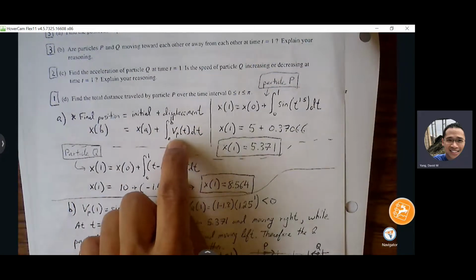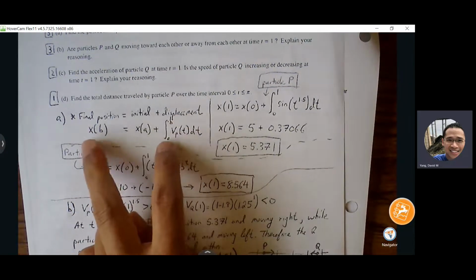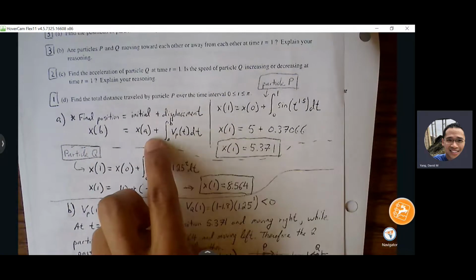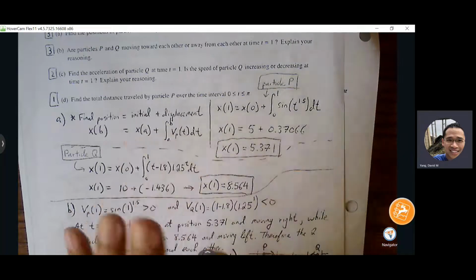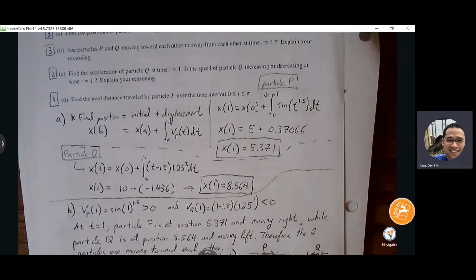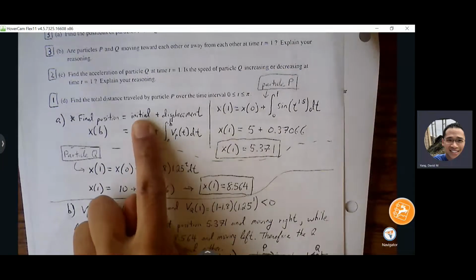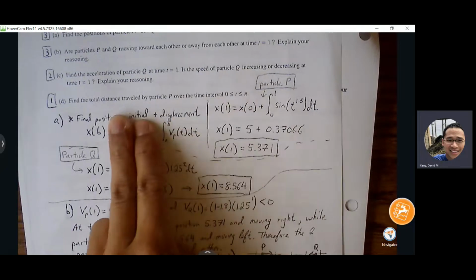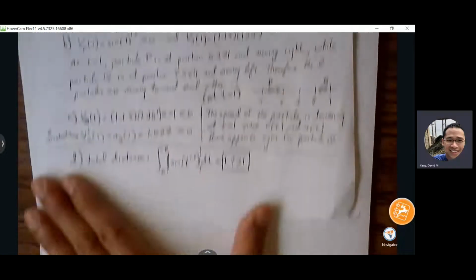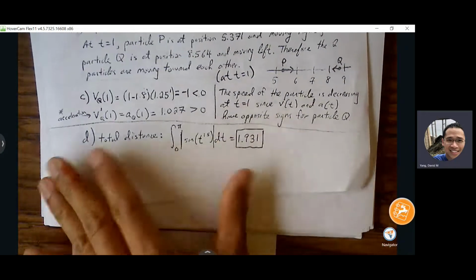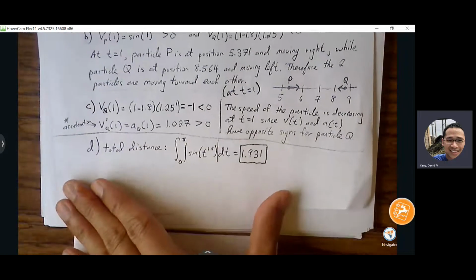I think what students do is they see we use this formula so much that we think that total distance would just be the absolute value plus the initial, right? But if we're asking total distance, we don't care about where you're starting from. We just want to know how much progress you made in that time interval. So total distance, we don't add the initial. We just do the absolute value around the displacement, and that's it. So I see a lot of students do this. They want to do initial plus this, and that's not total distance. Okay.